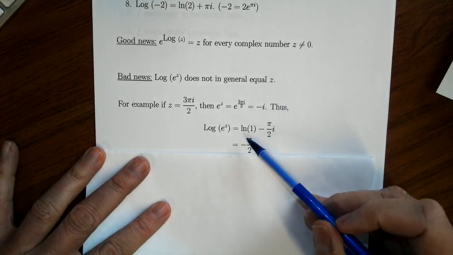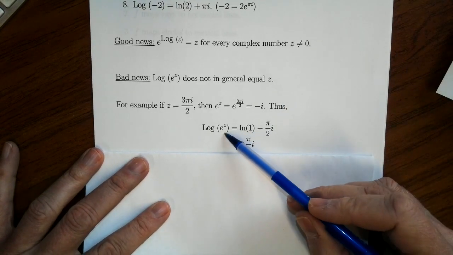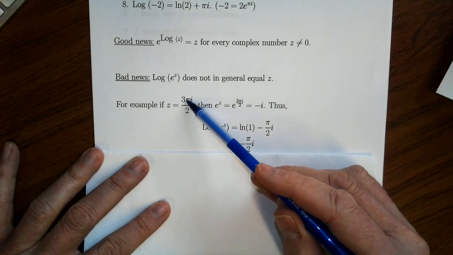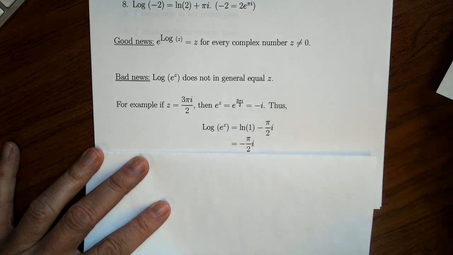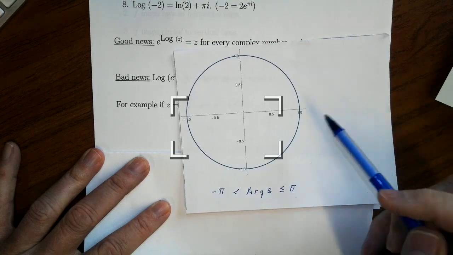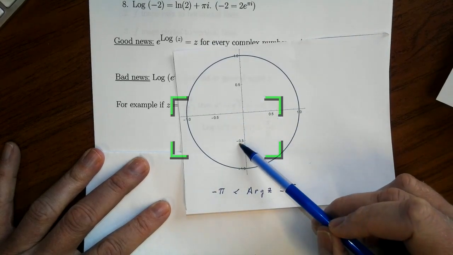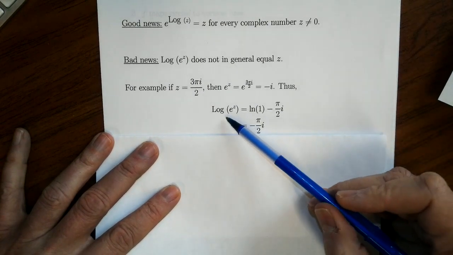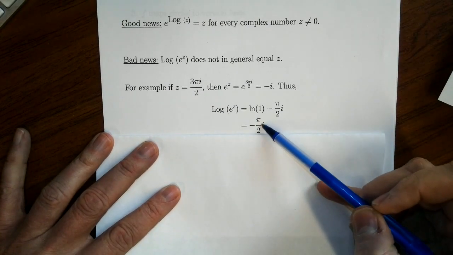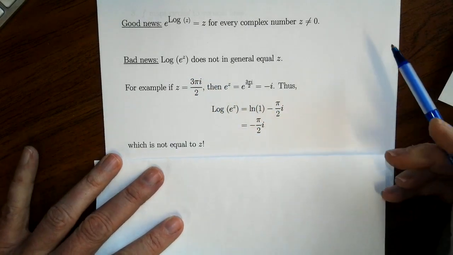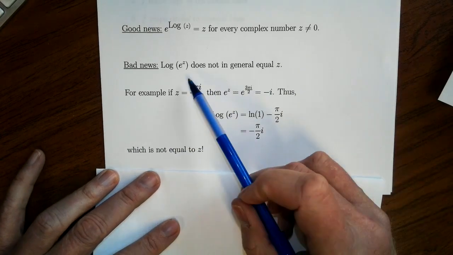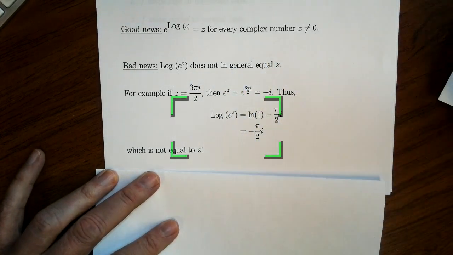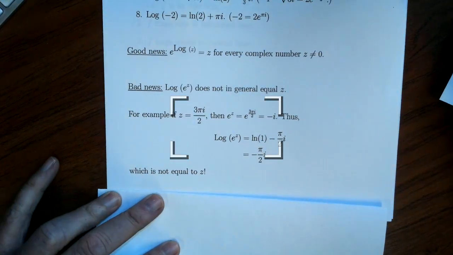Now the natural log of 1 is 0, so the log of e to the z, when z is this number, is minus pi over 2 i. So it's a difference. We have 3 pi over 2, but minus pi over 2, so you'll notice how log of e to the z is minus pi over 2 i, which is not the same as z. So this property, log of e to the z equals z, does not hold in general.